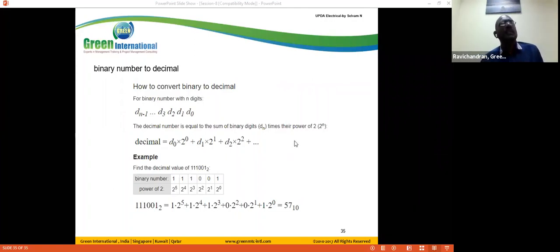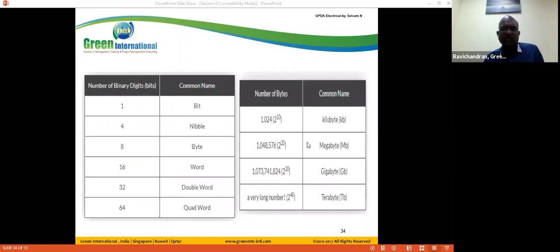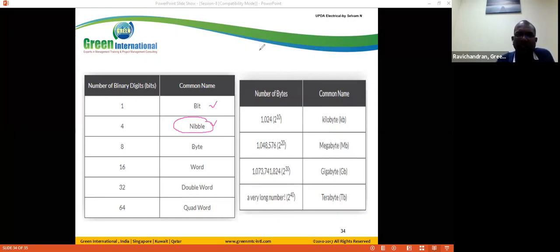And apart from this, here we have a bit and 4 bits. It is also asked in the exam, because I saw this question in the group. 4 bits we call a nibble.